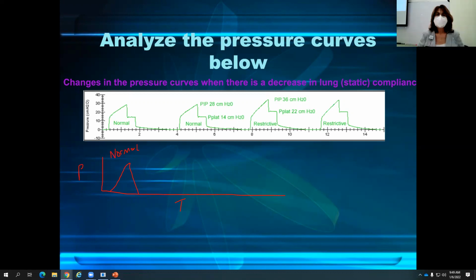All right, does that make sense? The peak pressure will be higher than the plateau pressure. The bigger the difference, the more airway resistance there is. So let's compare the second breath to the third breath. The second breath, the peak pressure is 28 and the plateau pressure is 14.